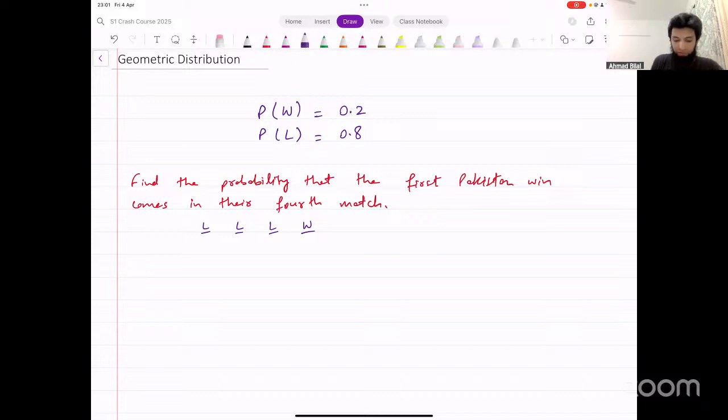Probability of losing the first match, that's 0.8. Probability of losing the second match, 0.8. Probability of losing the third match, 0.8. And then finally, probability of winning the fourth match, that's 0.2. Now what we can do is find out this probability.